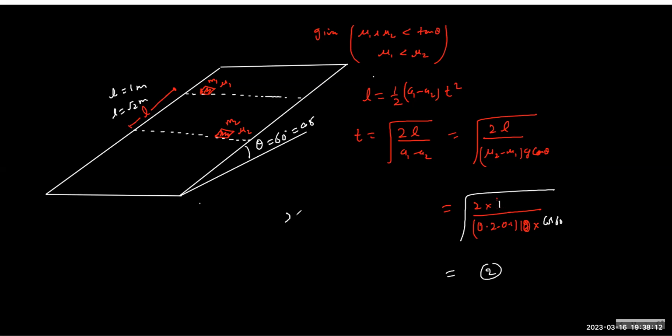So 2 into √2 upon 0.1 will come here, and g is 10, and this is 1 by √2, right? Which is the same answer. I remember the answer, 2, because I got 2 that year. That was the right answer. Anyway, not a very difficult one. They ask easy questions only.